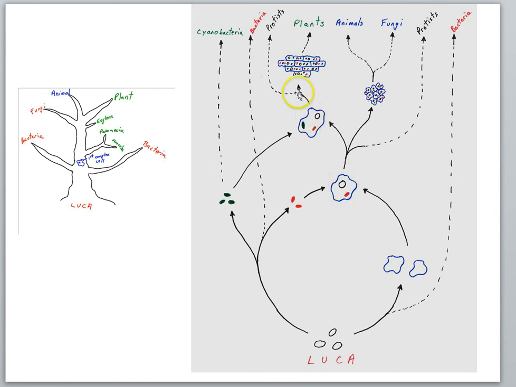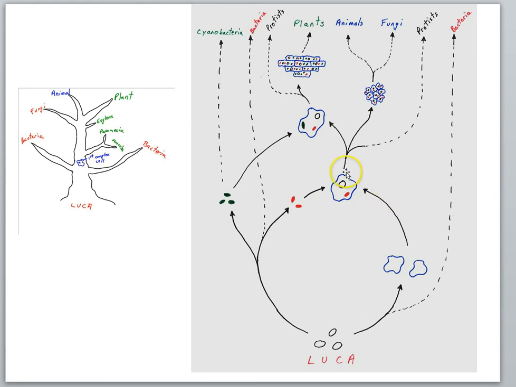And the plants, of course, and protists like Euglena with chloroplasts can trace their ancestry back to this endosymbiotic event right here. Of course, we still have bacteria today, and there are many species of bacteria. They are a very successful form of life, very small, simple cells, and they've evolved great diversity as they live in many different places on Earth.